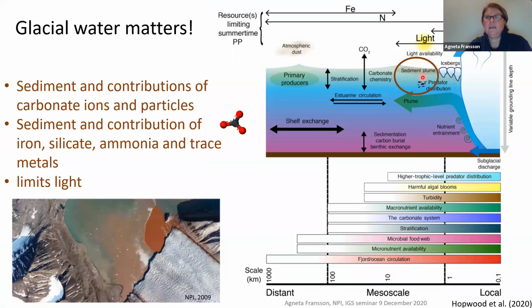This sediment will contribute carbonate ions and particles. But this sediment will also contribute iron, silicate, ammonia, and trace metals, and that is of large importance for primary production or photosynthesis. That will also be something I will show soon.